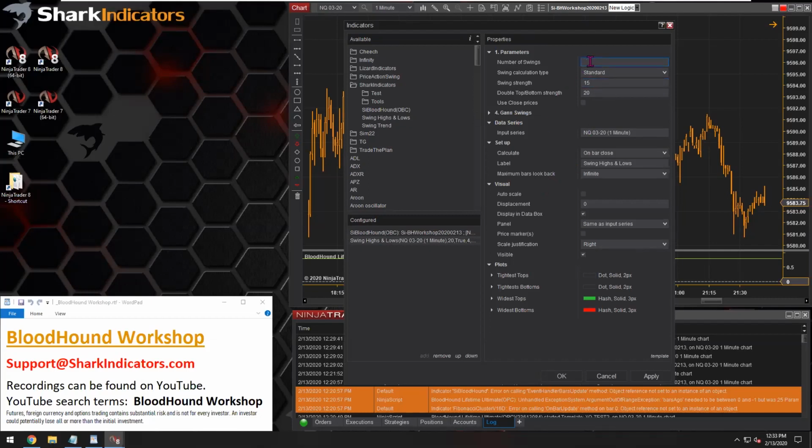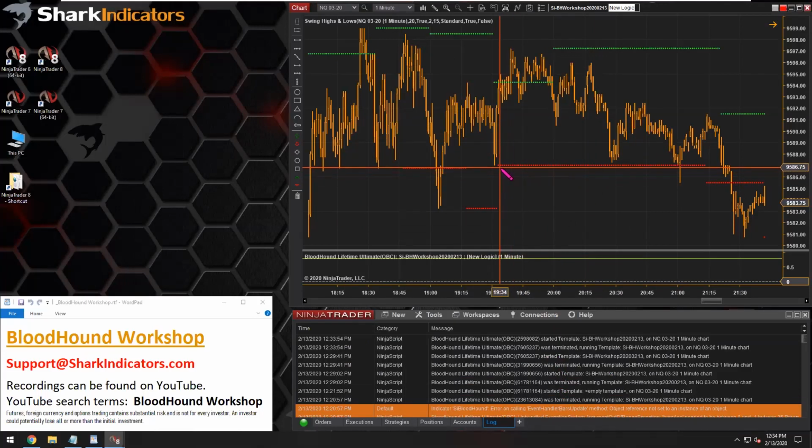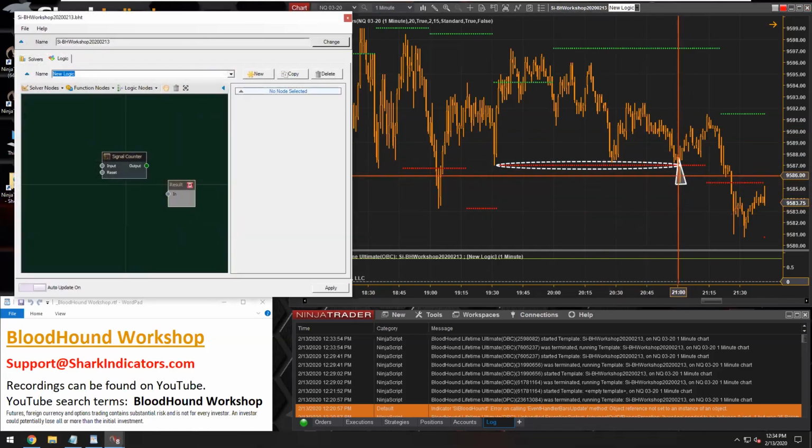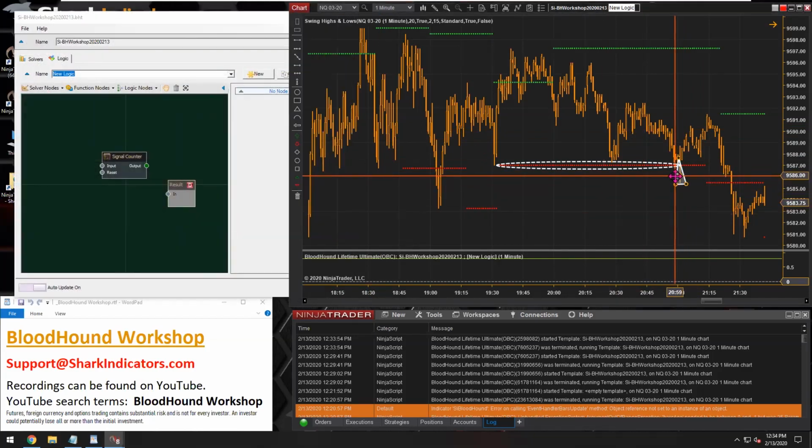Number of swings back to 2. Okay, so we're going to need a couple components here. We're going to need the signal counter to see if we have at least 40 bars before we get this break of the swing line. First thing I'm going to do is create the solver that's going to identify the break of a swing line.